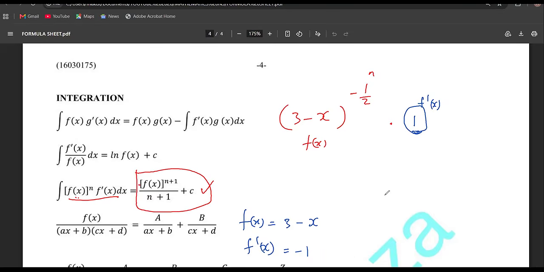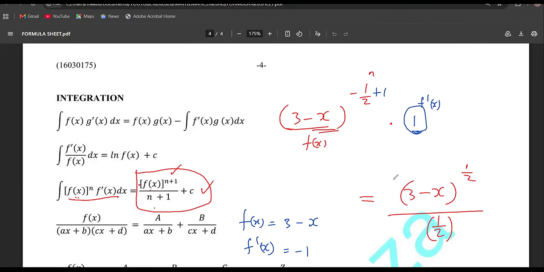So to integrate this whole part that we are given, we're simply going to take our f of x as it is, 3 minus x, to the exponent of n plus 1. So we add 1 to our exponent. That gives us a positive half, over n plus 1, the new exponent, which is a half.